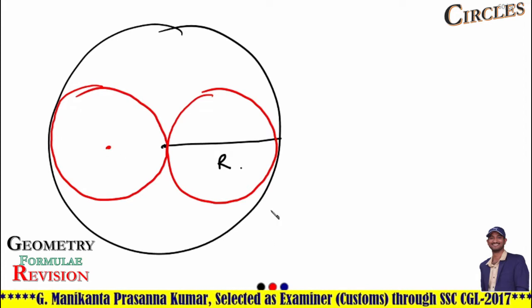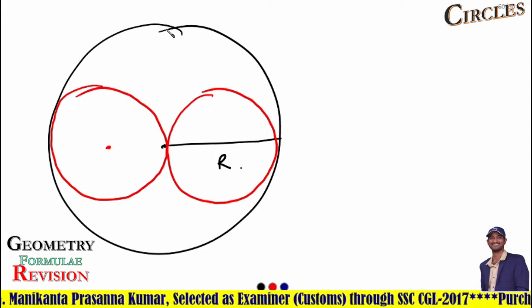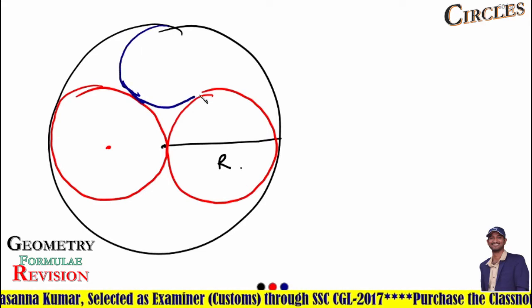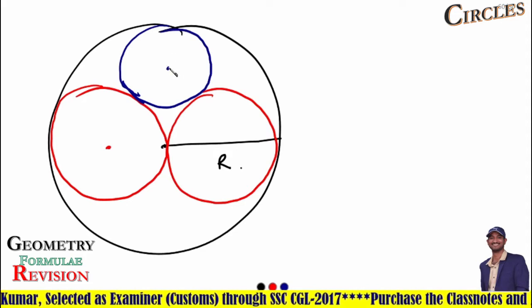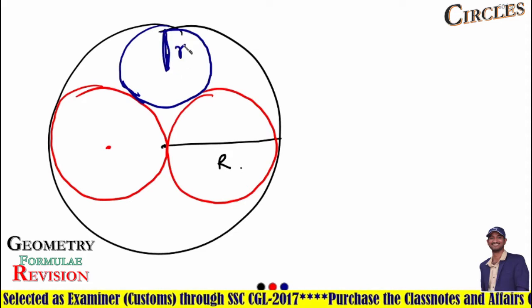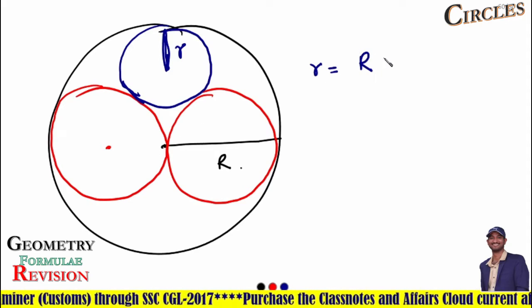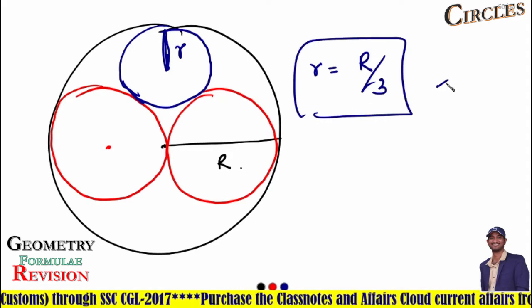Clear? Now what is the radius of the circle which touches these two circles externally and the given circle internally? It is equal to capital R, that means the radius of the bigger circle, divided by 3. That's it.